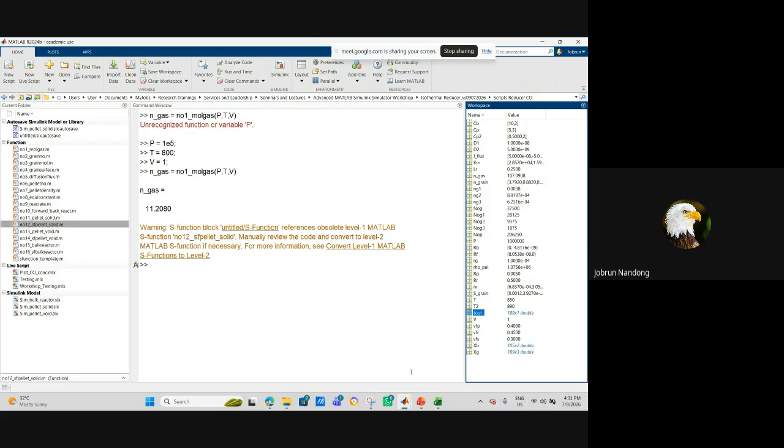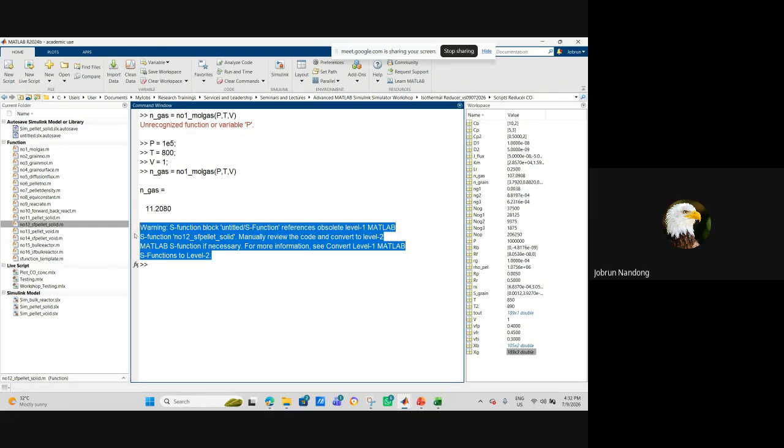Where's xg? This one, yeah, xg. Okay, this one is just a soft warning. You don't need to change to level 2. Once you get your program running well, you can update it to level 2. For the moment we just use level 1 because it's convenient. So this is just a soft warning.